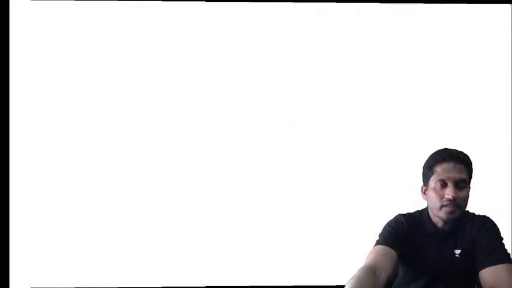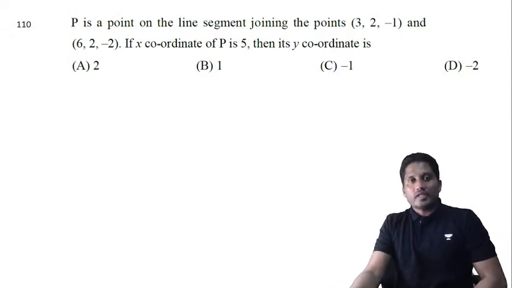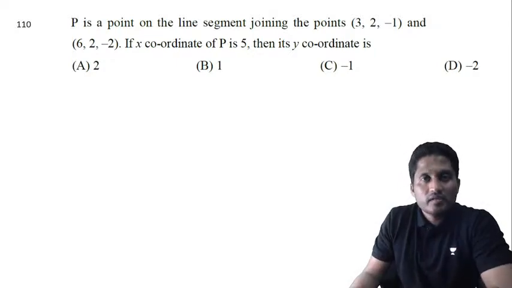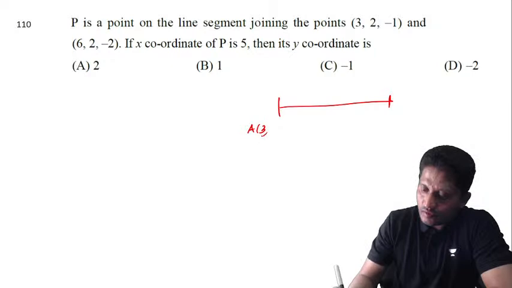Okay, question number 110. P is a point on the line segment joining these two. If x coordinate of P is 5, what is the y coordinate? What is the equation of the line now? P is a point on the line segment joining the points 3, 2, minus 1 and 6, 2, minus 2.